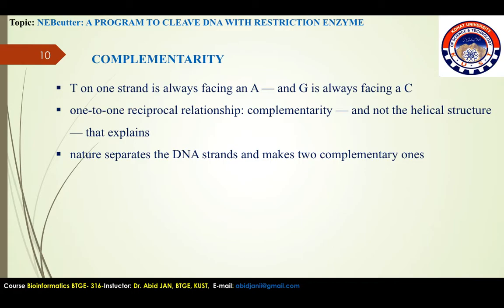For instance, when living organisms reproduce, each of their genes must be duplicated. In order to do this, nature does not go about it the way a photocopier would, by making an exact copy. Rather, nature separates the DNA strands and makes two complementary ones.